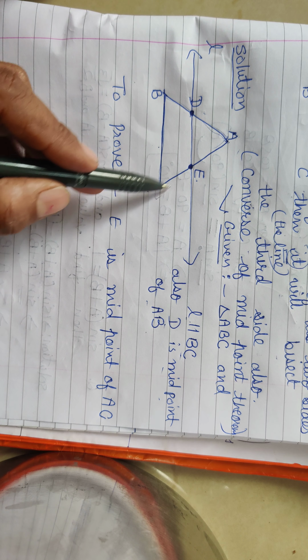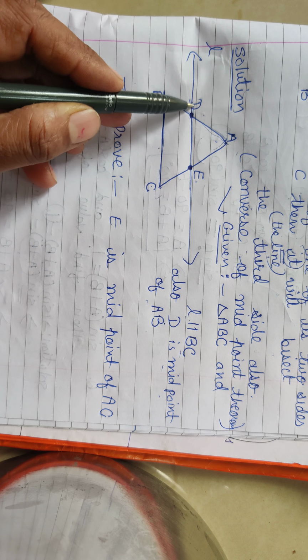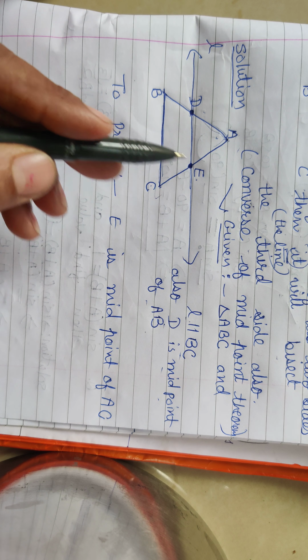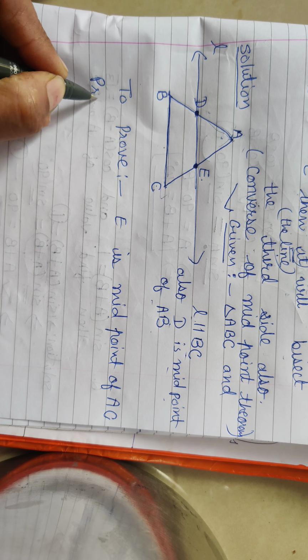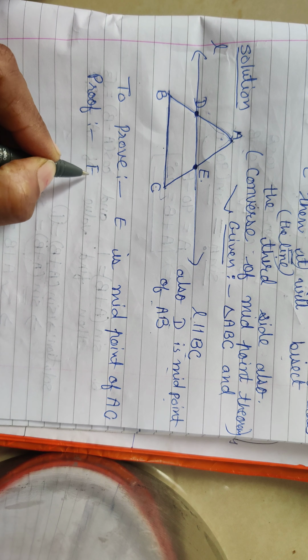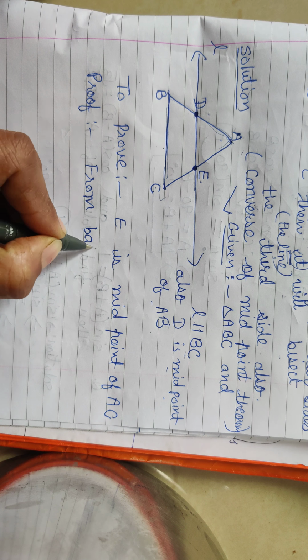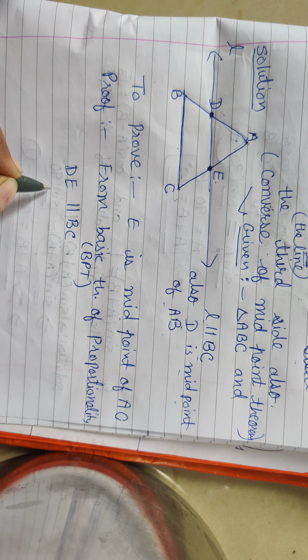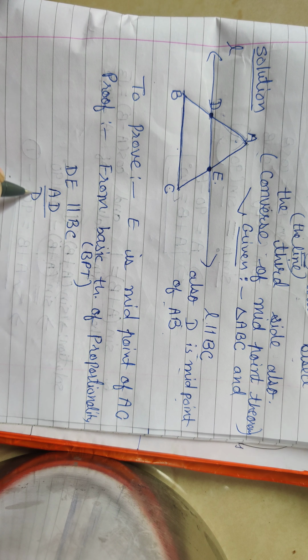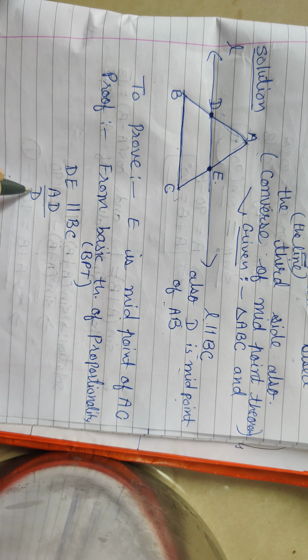Now taking this triangle, as this DE is parallel to BC, then from basic theorem of proportionality, that is BPT, you may write that AD upon DB is equal to AE upon EC.